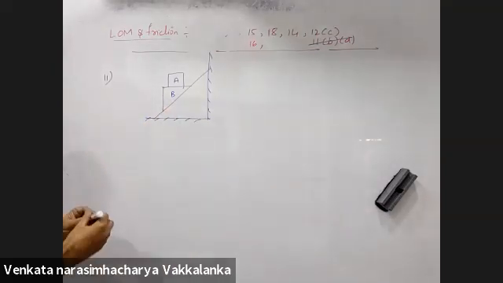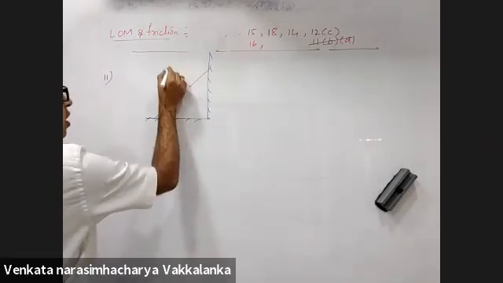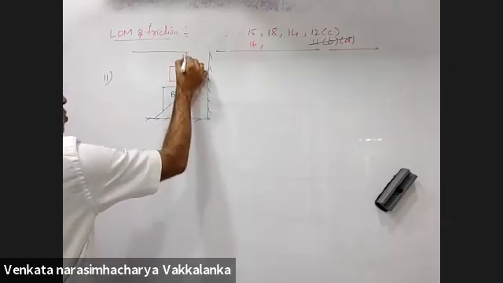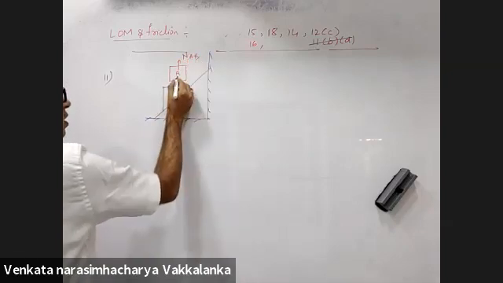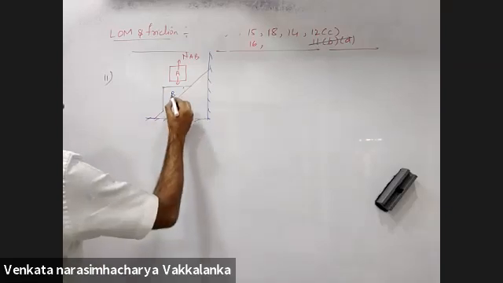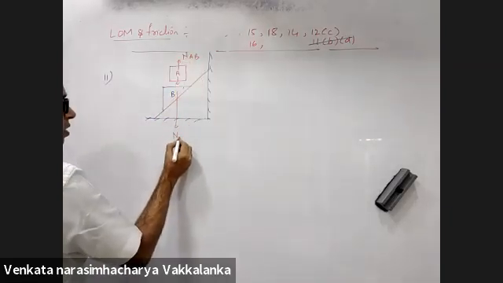I wish I made the diagram a bit bigger, but it's okay. Now, N AB, have a look at it. I'll draw this A slightly above so that the diagram is clear. This is N. This will be N AB. Do you agree with that? This will be mg. Right? Reaction of N AB on B will be this way.